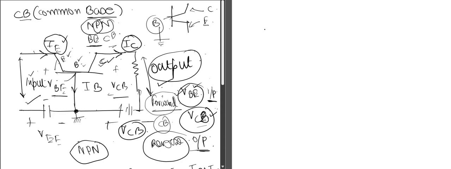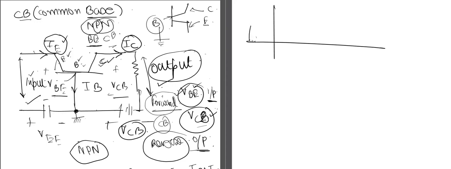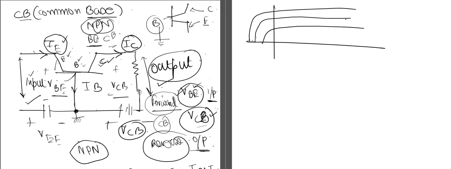So let us draw the output characteristics. The y-axis will be the output current, which is the collector current, in the range of milliamperes.